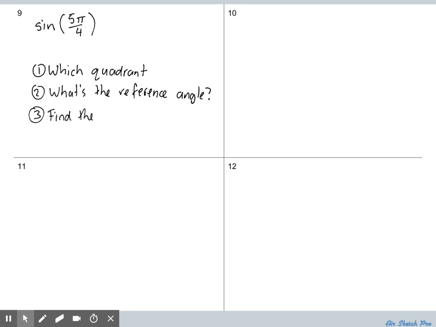Should say no calculator. Sorry, I should have said that. No calculator. I want the exact value.